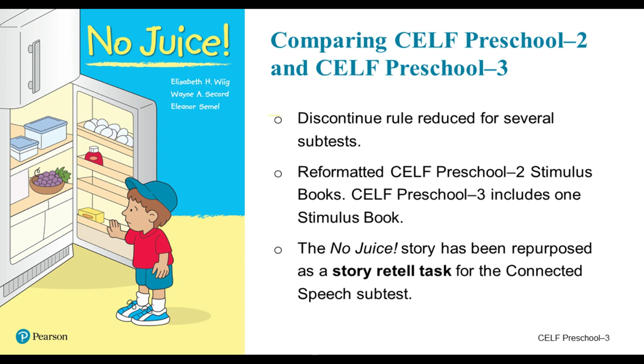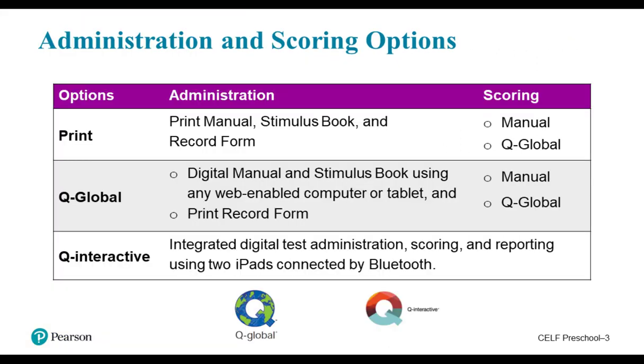Like the CELF Preschool-2, the CELF Preschool-3 includes a No Juice book that is used for the Connected Speech Sample subtest. The No Juice story has been repurposed as a story retell task for the Connected Speech Sample subtest in CELF Preschool-3, instead of the Recalling Sentences in Context task in CELF Preschool-2, for those of you that are familiar with that one.